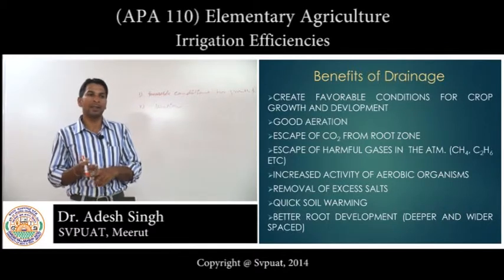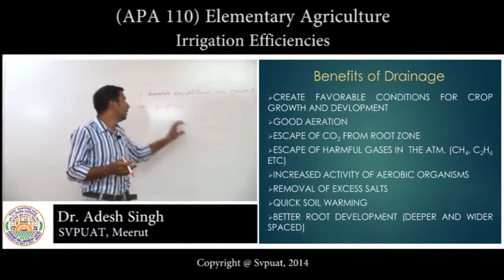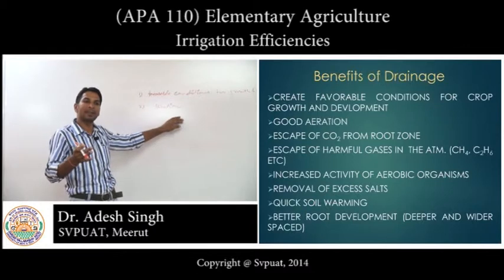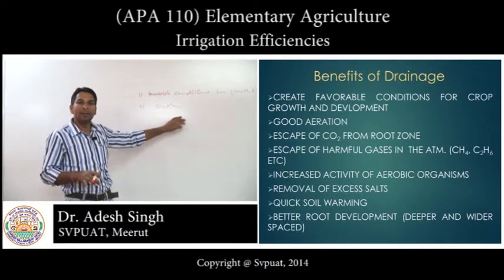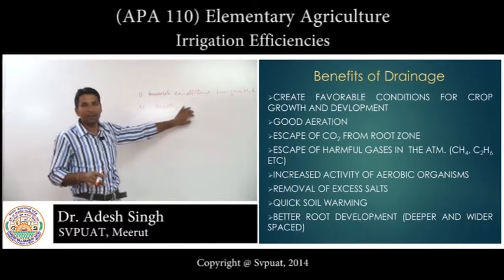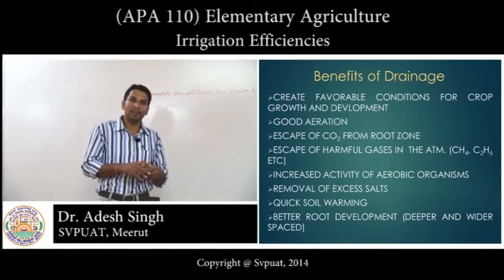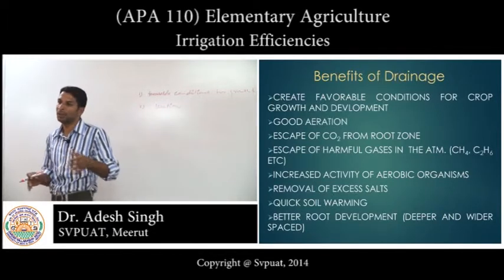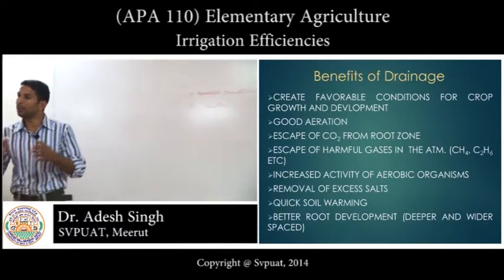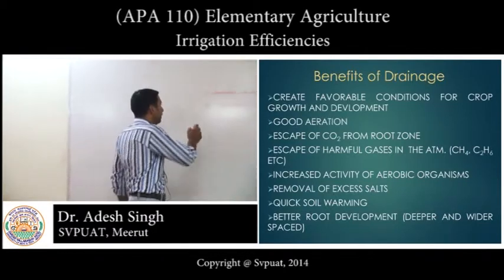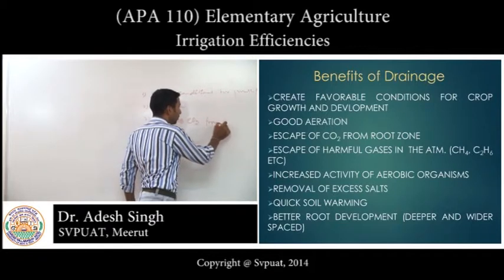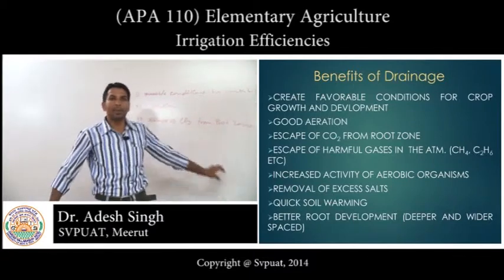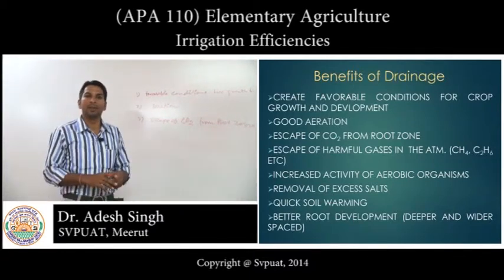If there is deficiency of oxygen, then either the plant roots will die or their functions will be reduced, or the microorganisms that transform the various nutrients within the root zone soil can also be hampered, or the growth of these microorganisms can be affected in poor aeration conditions. Next one is the escape of carbon dioxide from the root zone.